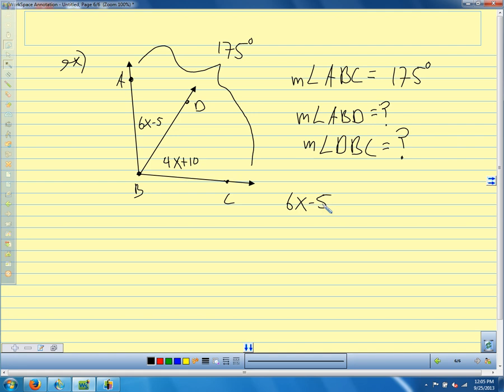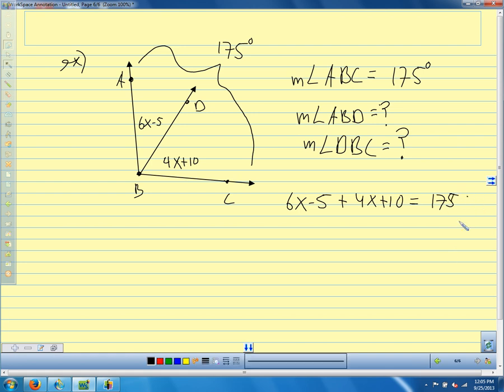What's our other small angle? It's DBC and it's 4x. And we're adding, right? 4x plus 10. And when we add those together, we get the big angle, 175.